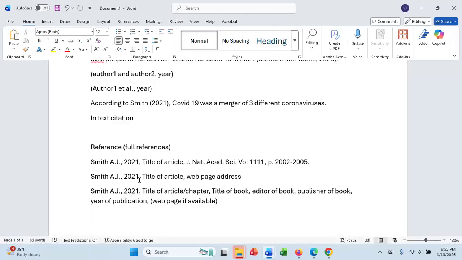And unfortunately, for a good reference, you can't use Wikipedia. The reason being that Wikipedia, anyone can go in and change what's in Wikipedia. And so we decided that Wikipedia cannot be used, but you can look up the data in Wikipedia and then use the references that they provide.